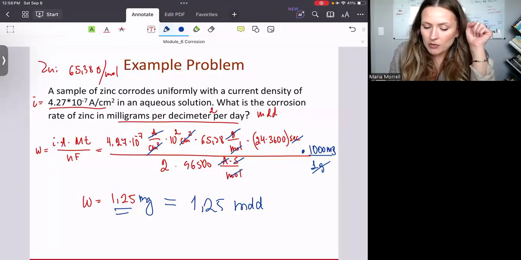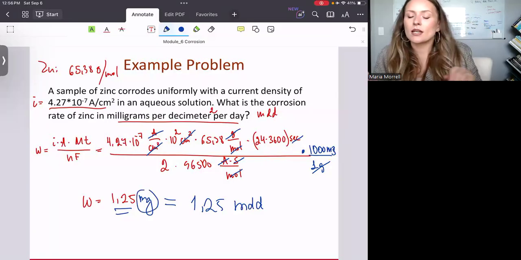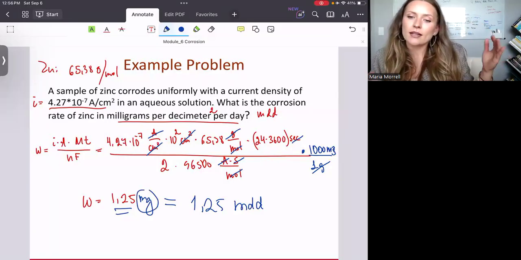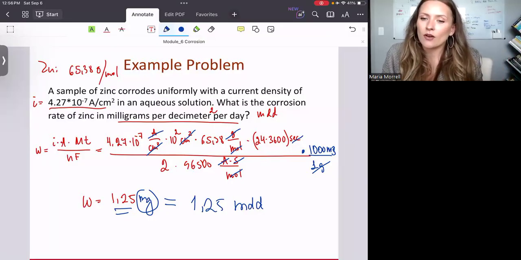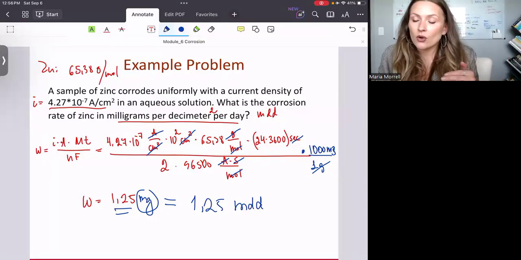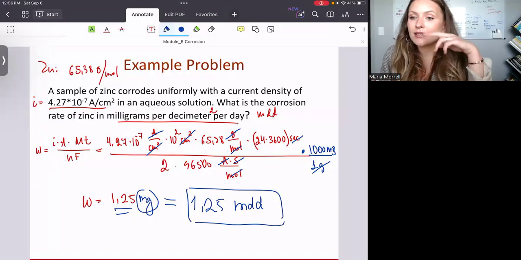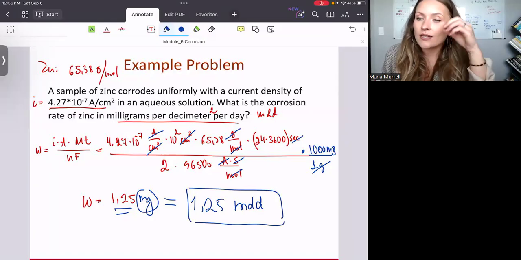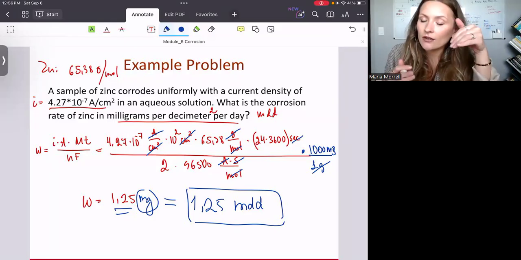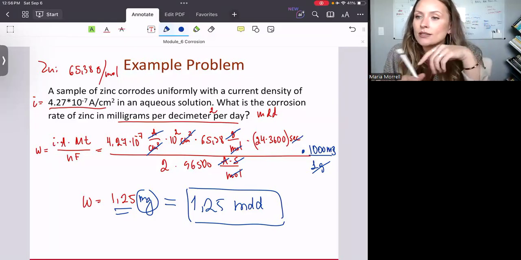So I'm left with milligrams. Once again, once I'm doing this entire math, I end up with 1.25 milligrams. But I also know that the number in MDD is going to be identical to the same number. It's going to be 1.25 MDD. Why? Well, because in the calculations that I've done, the time that I considered was exactly 1 day, and the area that I plugged in was 1 decimeter squared.